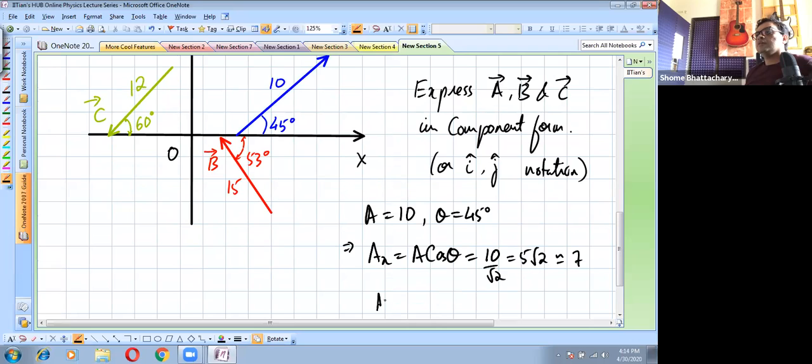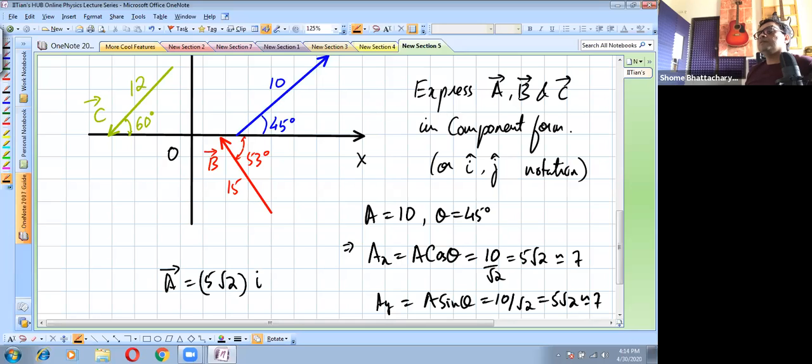And Ey is E sin theta, so that will also become 10 by root 2 or 5 root 2, or approximately 7. So the vector E becomes 5 root 2 i cap plus 5 root 2 j cap.